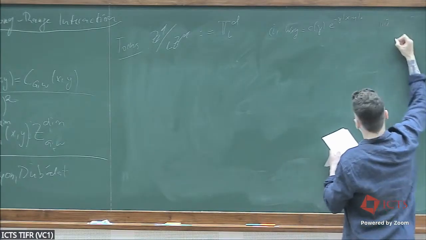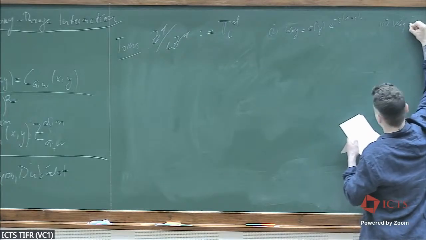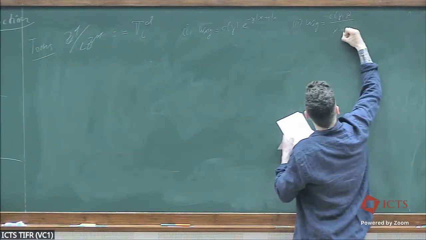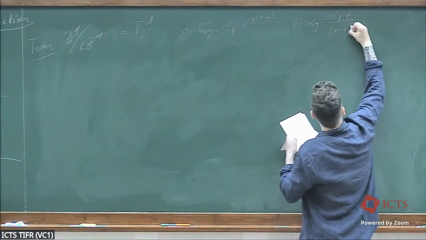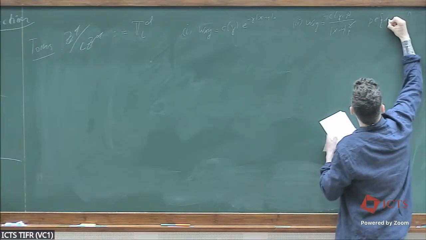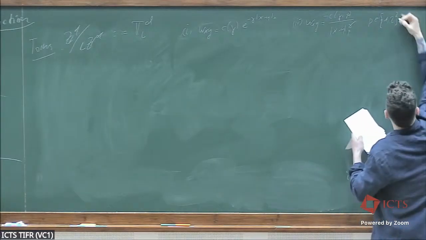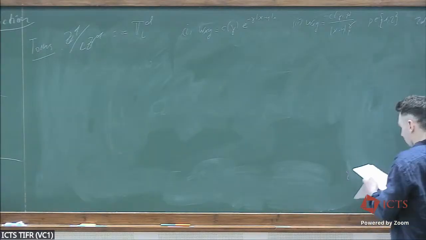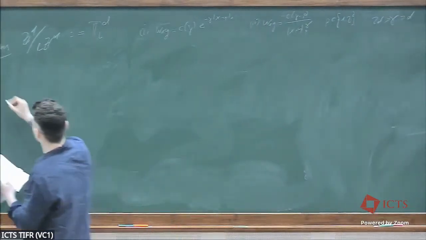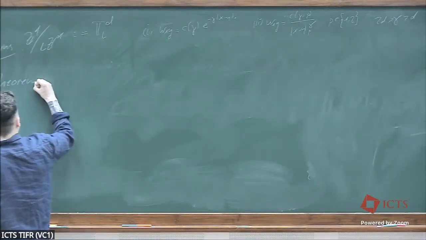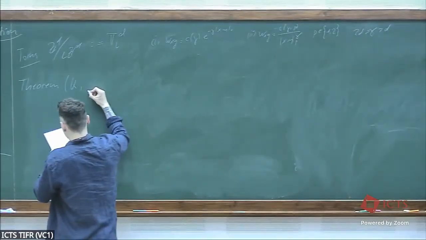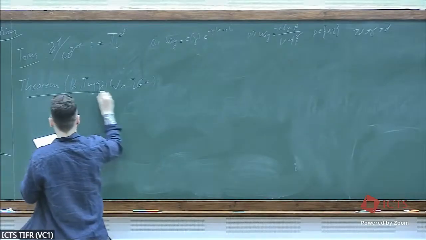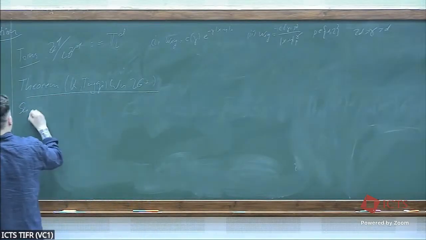And the second one is polynomial, so w_xy is |x minus y| in the p-norm to the power of minus γ, where the norm is 1 or 2. And this γ should be greater than d and less than 2d for integrability reasons. And then one theorem we have is: suppose we have the weights 1 or 2.